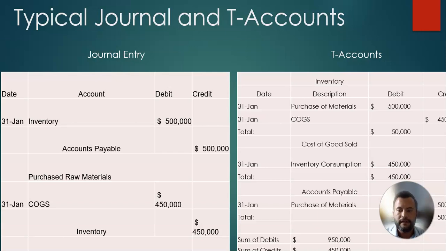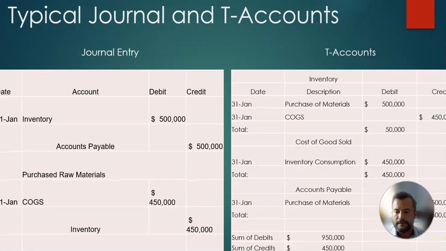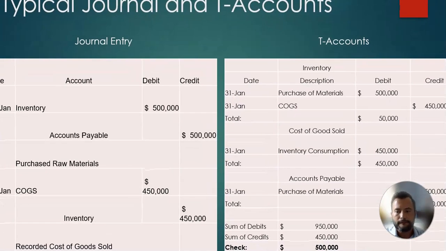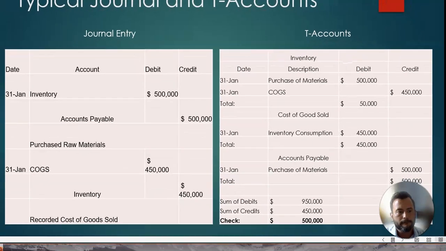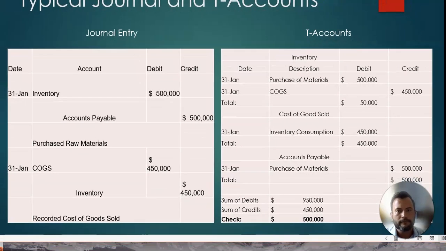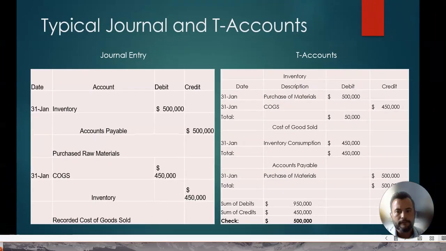Okay, so on your screen here, let me adjust this. This is what a typical journal and T account entry looks like prior to our audit that discovered the missing inventory. On your left here we have a journal entry, and on our right here we have our T account.